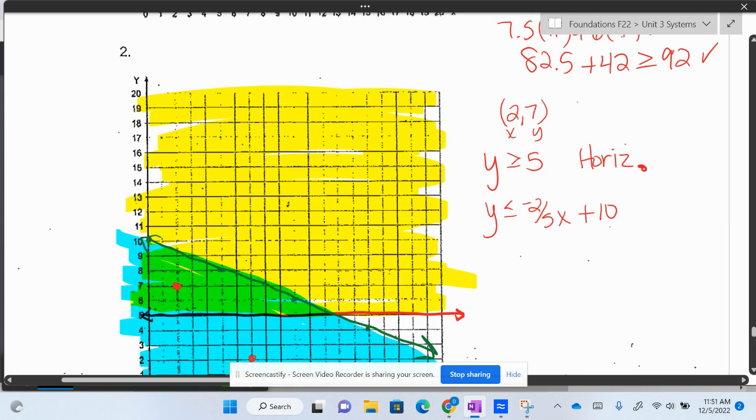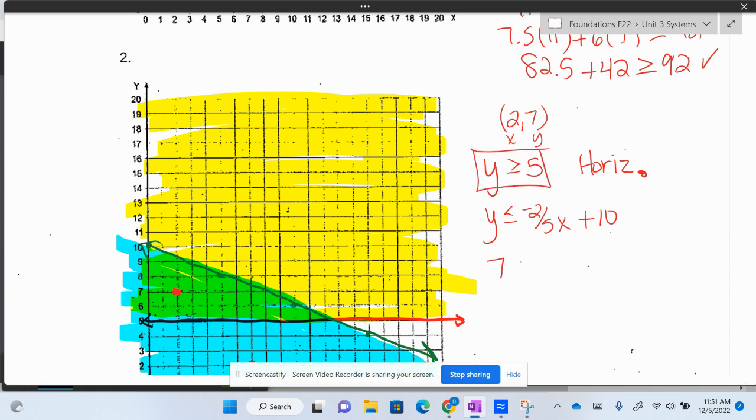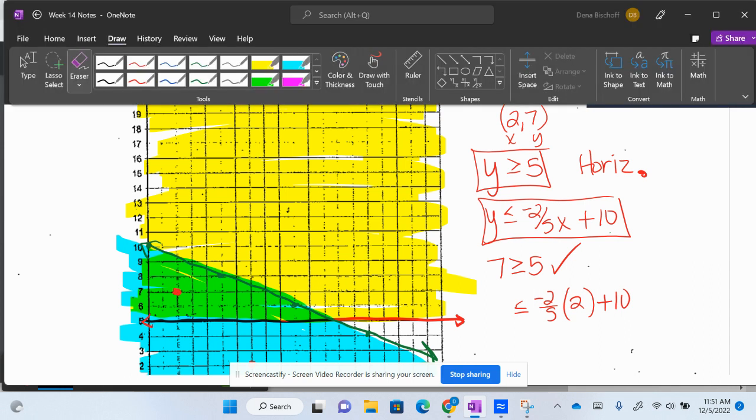So for the first point, do I have to do anything with the x here? No, I just need to use the y coordinate. Is 7 in fact greater than or equal to 5? Yes. For the second inequality, I have to use both points. So y is less than or equal to negative 2/5 times 2 plus 10. And I'm going to replace that y with the number 7 because that's the point that Antoine picked.